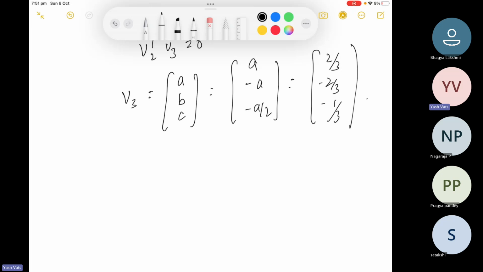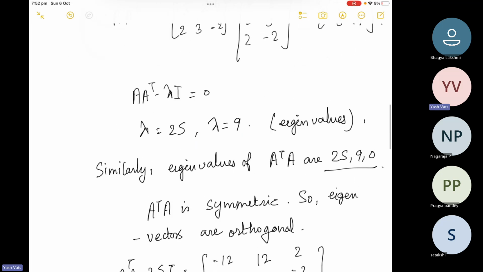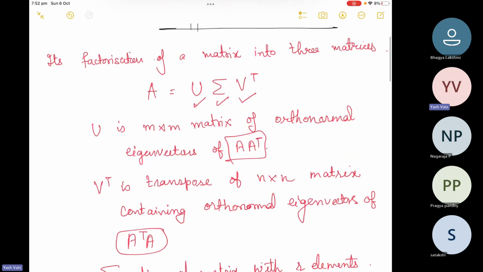So this is what you have as the eigenvectors. So what does the matrix look like? For A transpose A, the V matrix is basically this.